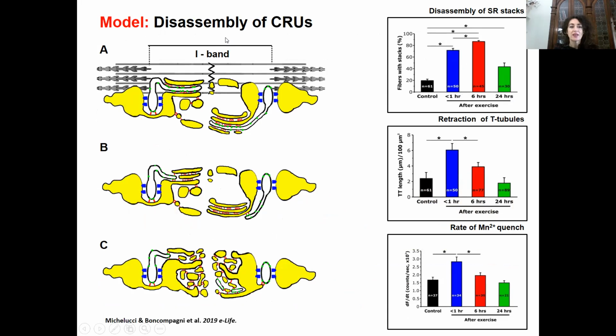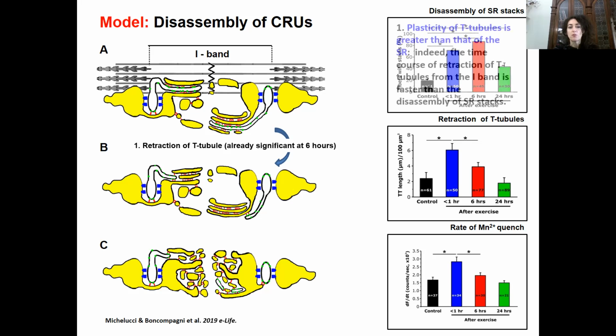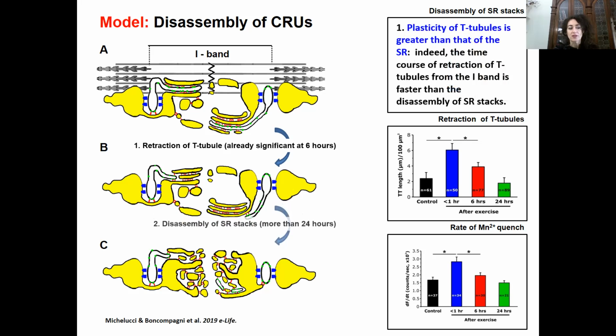We determined that the plasticity of T-tubules is much greater than that of the SR. Indeed, as modeled in the cartoon, the time course of retraction of T-tubules from the I band is faster, less than 6 hours, than the time it takes the SR to disassemble, more than 12 hours.